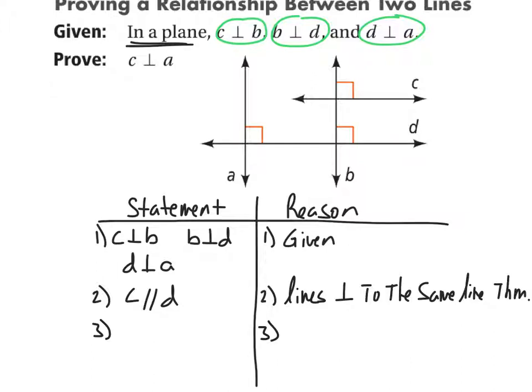So we know that C is parallel to D. Well, we might want to try to show that B and A are parallel. For the same reason, can I say that B and A are parallel? Are those two lines perpendicular to the same line? Yeah, they're both perpendicular to D. So A is parallel to B, again, by lines perpendicular to the same line theorem.